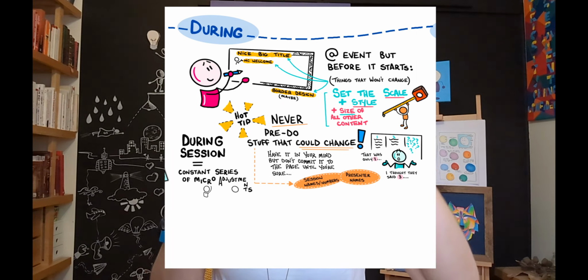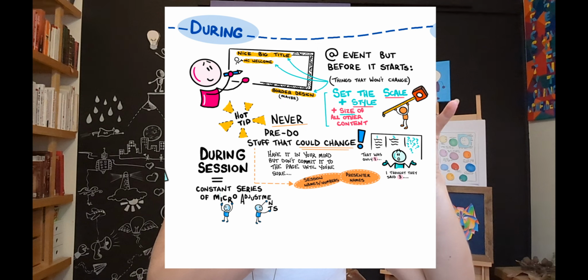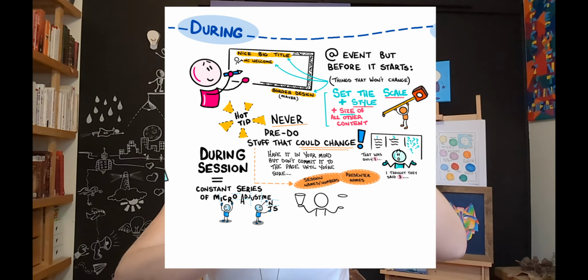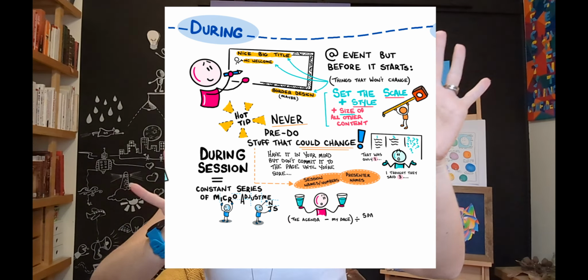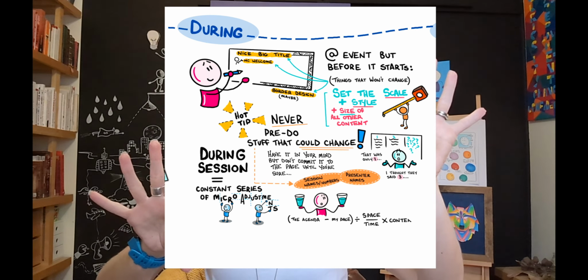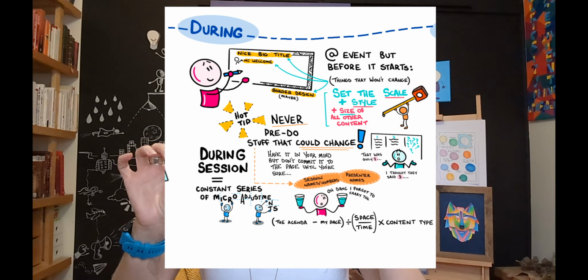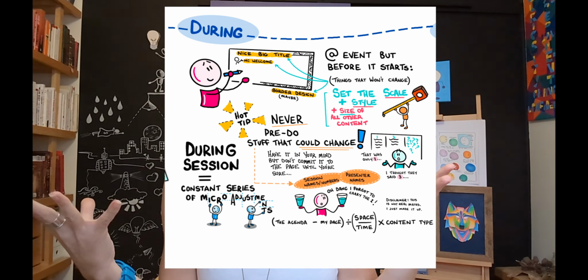So I'm listening, I'm synthesizing, I'm processing the content, I'm getting it onto the page, and then I'm always thinking back to how is my page filling versus what I know is happening on the agenda. Does it make sense? And therefore, do I need to make micro adjustments to either the size of what I'm capturing, the detail of what I'm capturing, the number of words, the size of the pictures, that sort of thing.